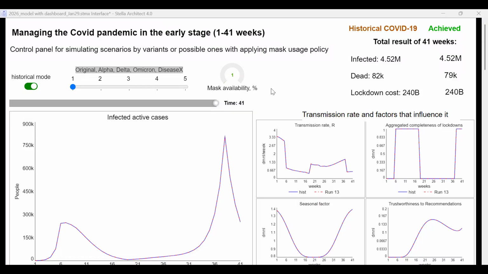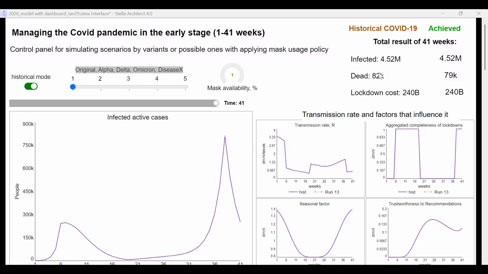So you see on the dashboard, historical mode is on. We have the first one, original type of virus. In the UK, masks were not used at that time. And on the right side of the screen, you can see the total result of 41 weeks.